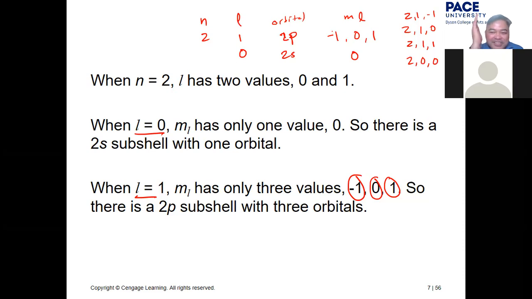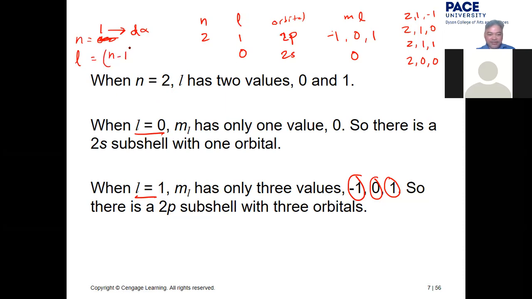So always remember that the value of the quantum numbers depends on the previous quantum number. Okay? So remember, n is anything from 1 to infinity, not 0. And the value of L depends on n minus 1.